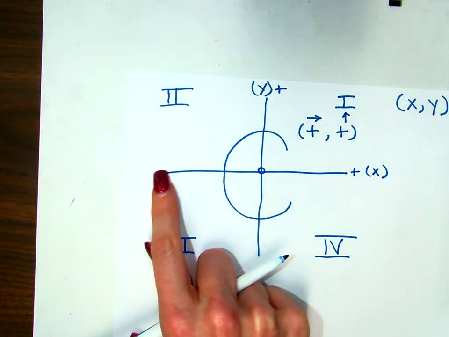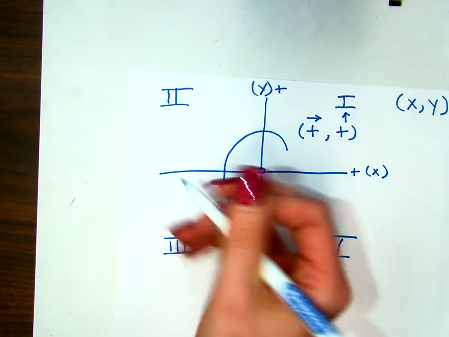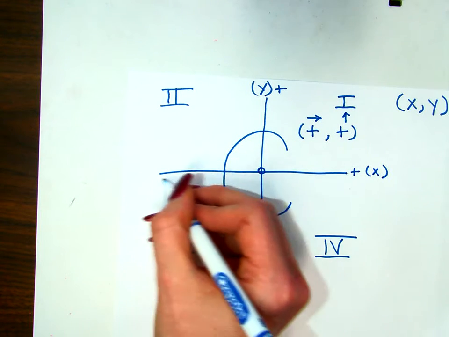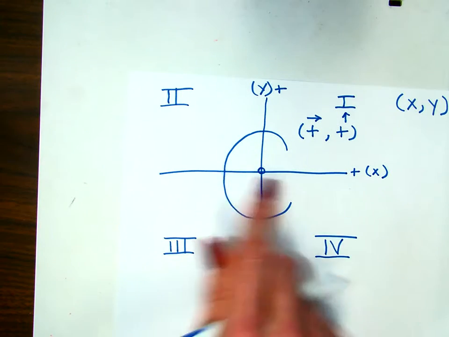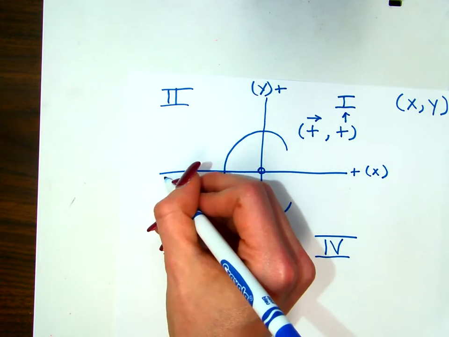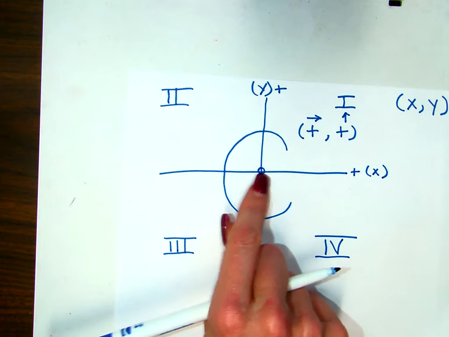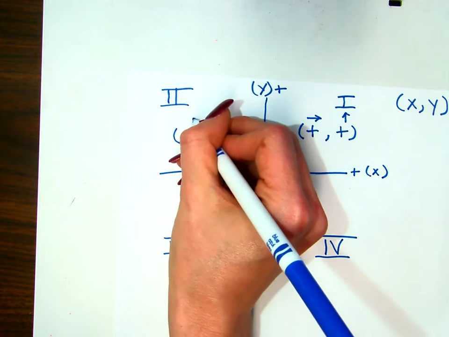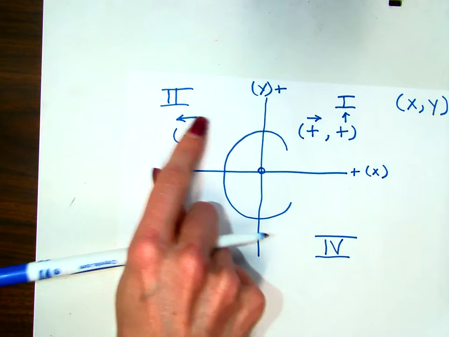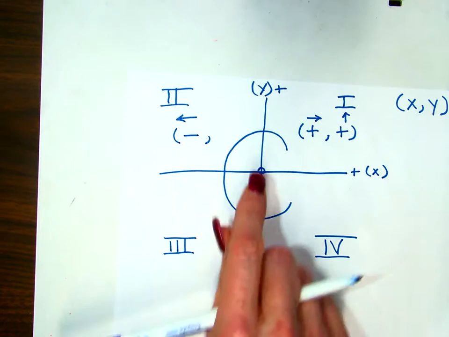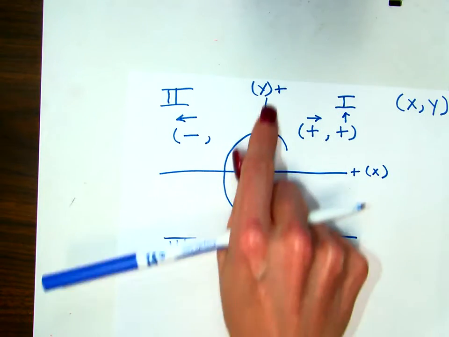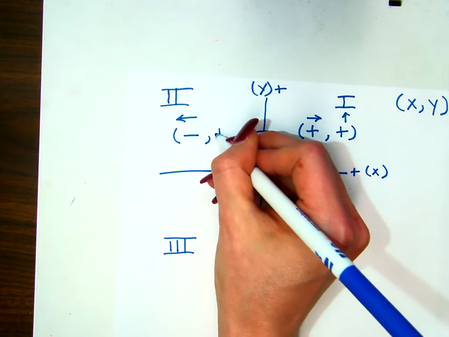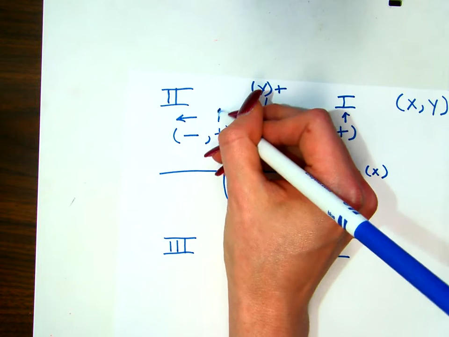Okay, over here for quadrant 2, I see that my numbers are going to the left, so my X is going to be negative because my numbers are going to move to the left of 0. So X should be negative because they are moving left, so I'm just going to draw an arrow going left. And my Y is still going up, so my Y coordinate will still be a positive coordinate.